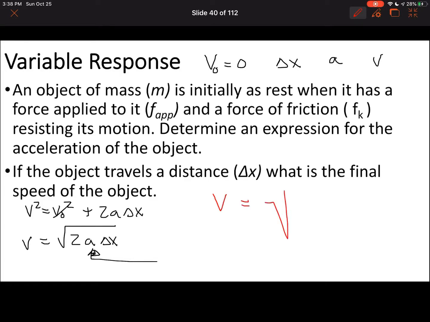And so all together, I would have a final expression. v is equal to the square root of 2 times F applied minus Fk over m, and I multiply that times delta x, and that will tell me the final speed of the object.